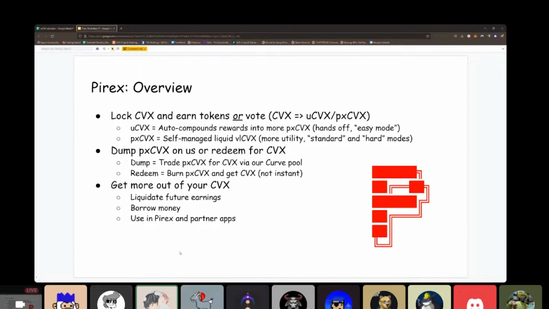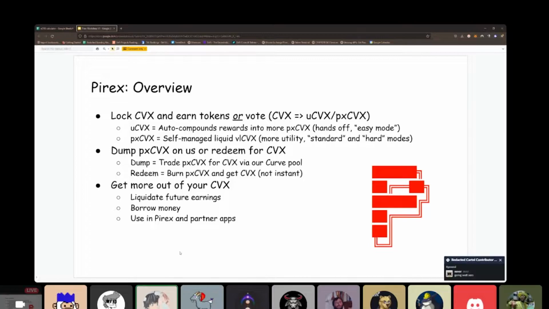And we're really excited to be offering the ability to borrow against your VLCVX value. And even if that is not an option, we will figure out another solution, even though we're pretty sure that they'll be fine.